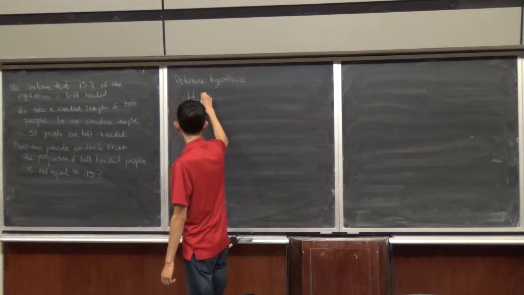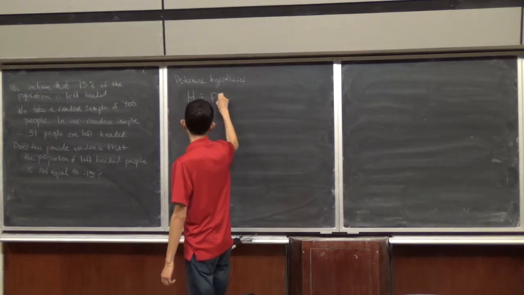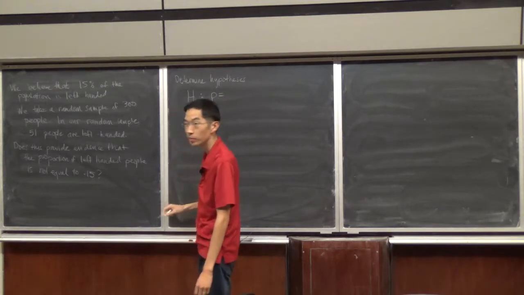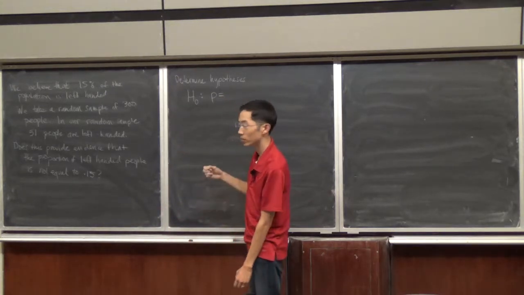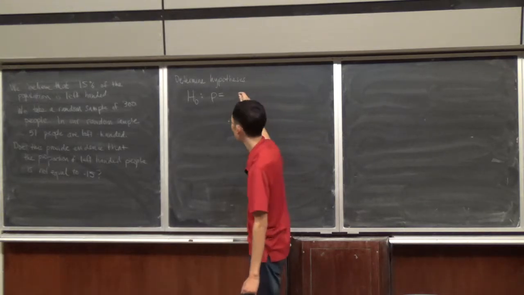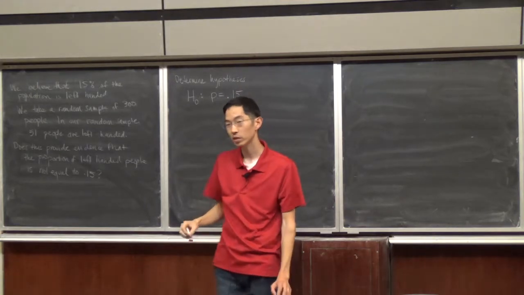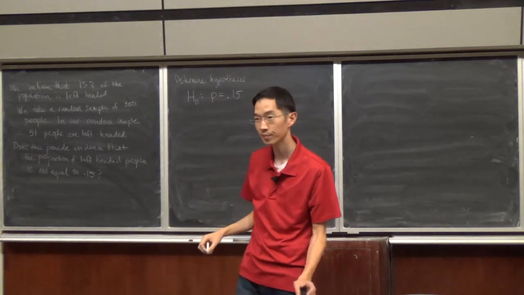Alright, H0 is that P is equal to something, right? So what do I write in my something here? P is equal to 0.15. That's my initial belief. I believe that the population is 15% left-handed.